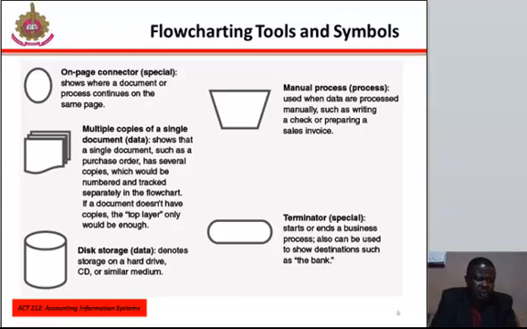The drum denotes disk storage, the hard drive, CD, or similar medium. Likewise, the trapezium shows the manual process. And lastly, we have the terminator. These are a few of the many symbols used in flowcharting.